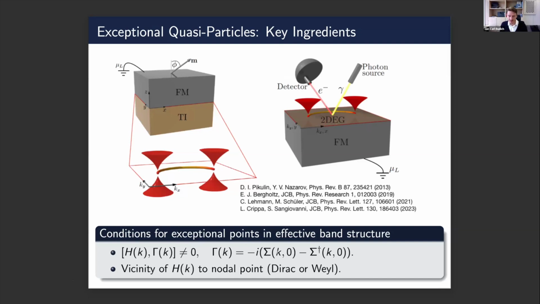So here we look at the anti-Hermitian part of the self-energy, sigma minus sigma dagger. And as I said before, we need this to be incompatible, or not to commute, with the band structure or the Bloch Hamiltonian of the system.